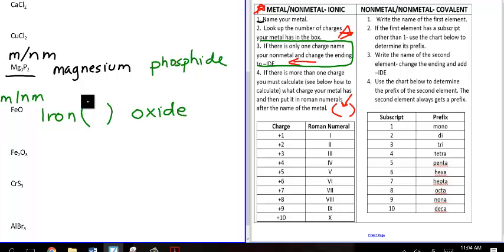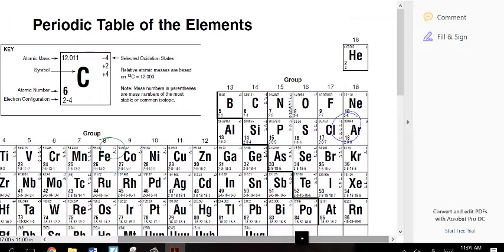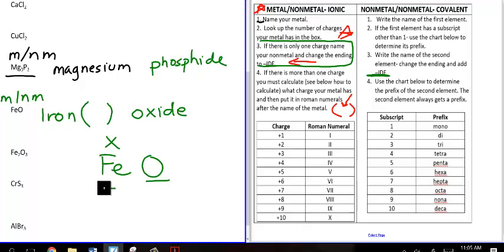By now, you're recognizing that all binary compounds, whether they're nonmetal or metal nonmetal, will end in IDE. Now, the thing that's different about this is when there's more than one charge in the box, you have to figure out which one iron has. So you go to oxygen and look up its charge in the box. Oxygen is -2. Remember, your metal is always positive and your non-metal is always negative.